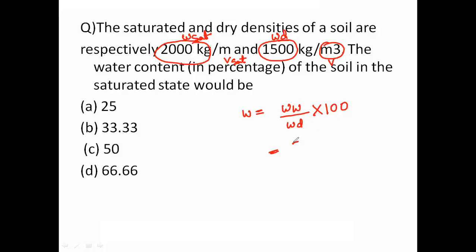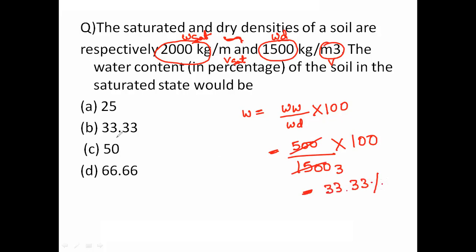So I will take it as 500. How did we get 500? 2000 minus 1500 gives this difference, which is the weight of the water, and the dry weight is 1500, into 100. 5 3s are 1500, so it comes to be 33.33%. Therefore the answer is option B.